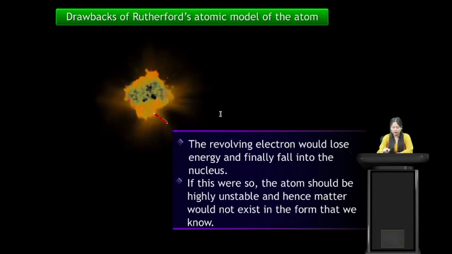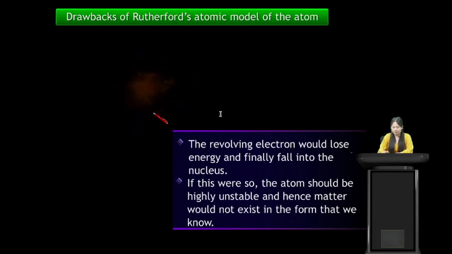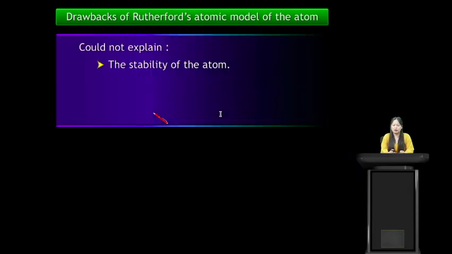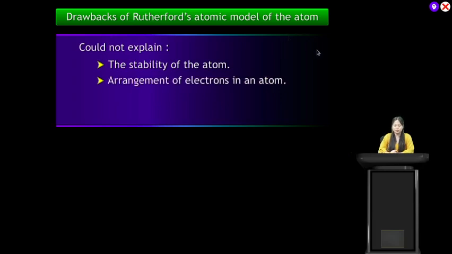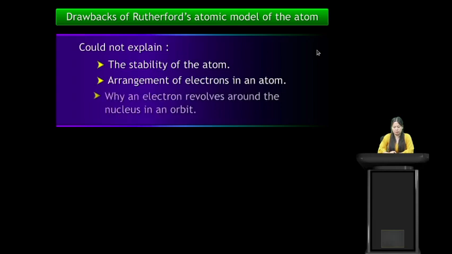But we know that the atom is stable, correct? So Rutherford could not explain the stability of the atom. Rutherford's atomic model could not explain the arrangement of electrons in an atom, and it could not explain why an electron revolves around the nucleus in an orbit.